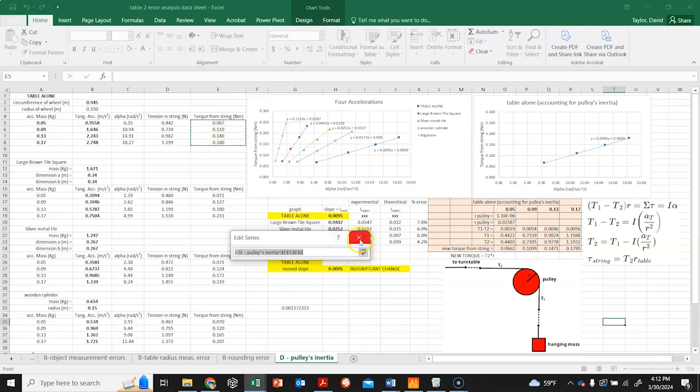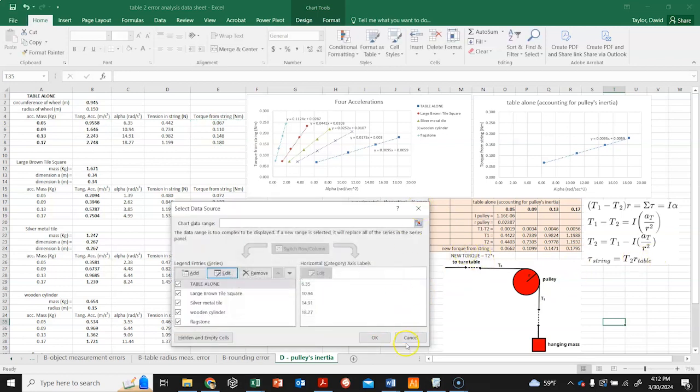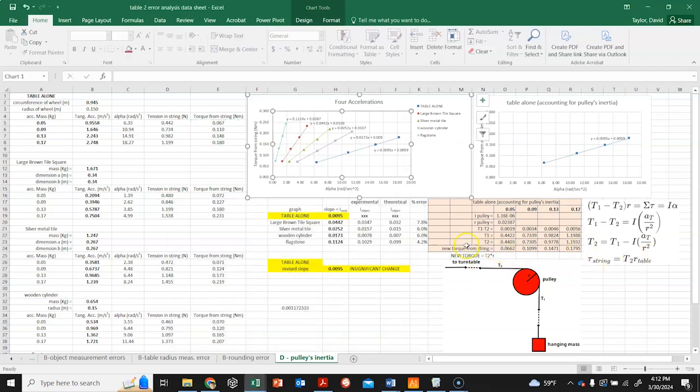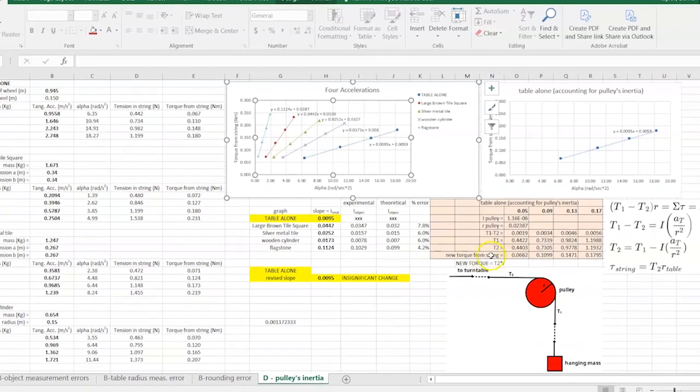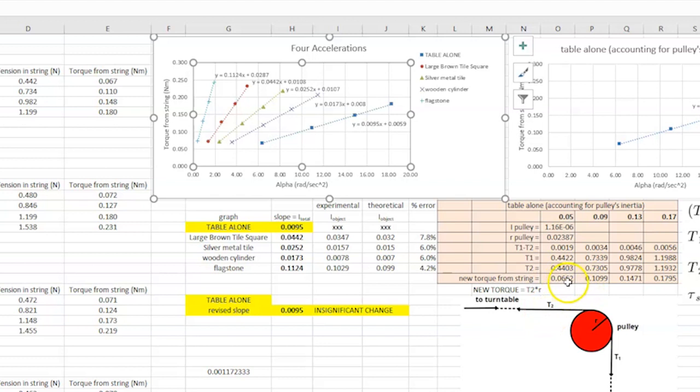But if I do the new calculation now and figure out the new torque from tension T2, right? This torque right here, these are my new values. So you can see 0.067 became 0.0662. 0.110 became 0.1099. Yes, they are a little bit less.